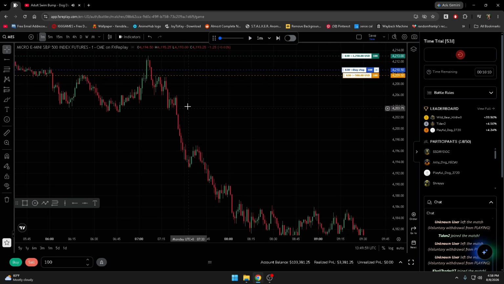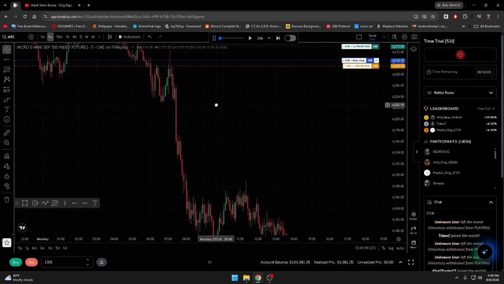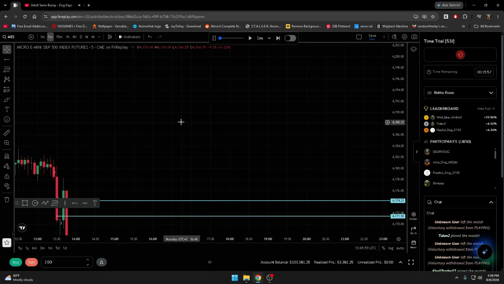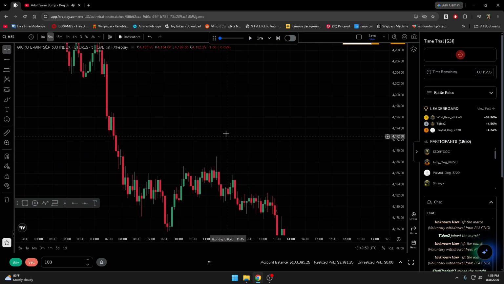Now we're into the examples where it never came back into this first candle right here. It never did. It never even touched it again. And that's fine. That's beautiful, actually.